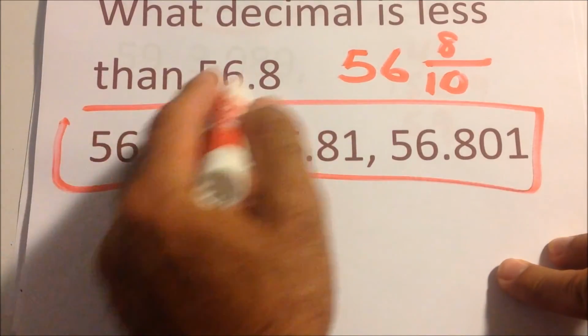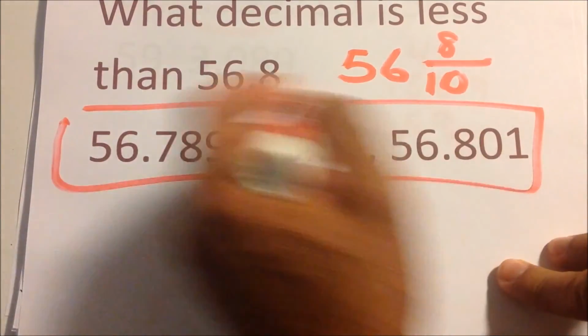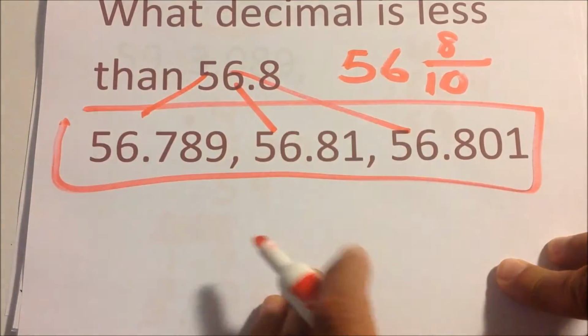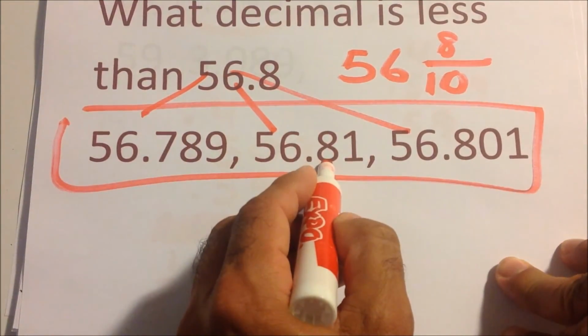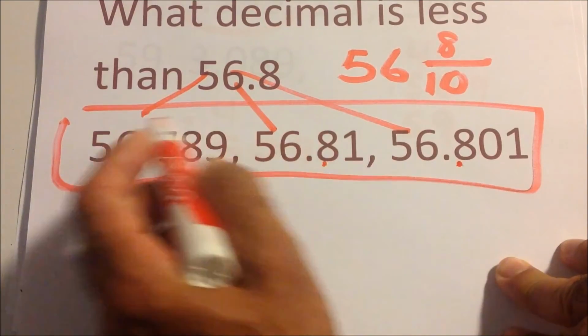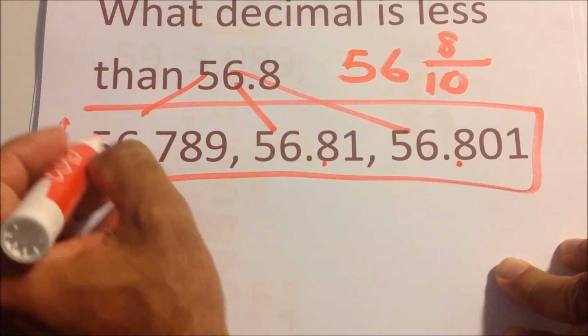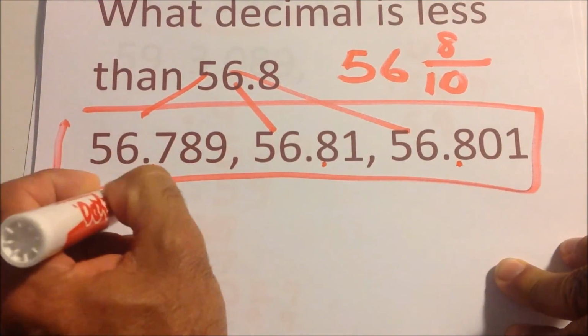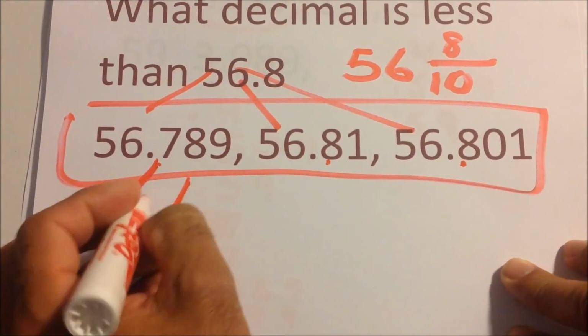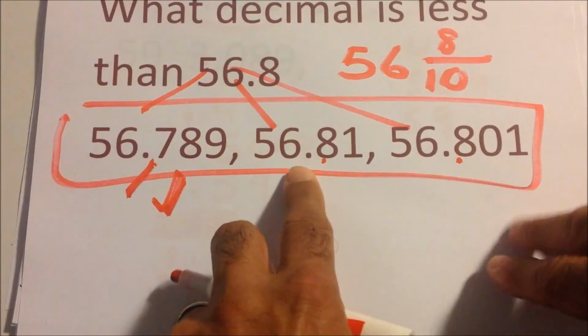So they both have a 56, so we know they're tied. They all have 56. So now we have to go to the decimals. This has a 0.8. This has a 0.8. This has a 0.8. This has a 0.7. Let's stop right there. This one is less. Just put a check mark. Now are these less?